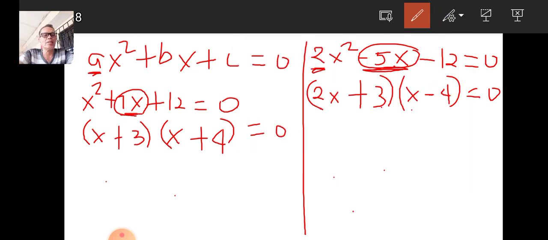Okay, another example of factoring polynomials if the given polynomial is a trinomial in its general form.